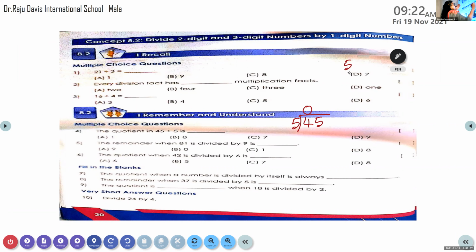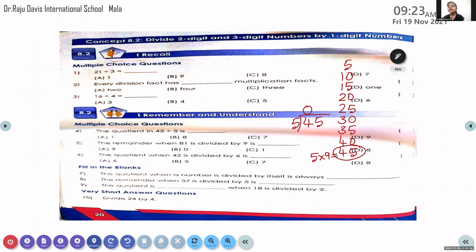If you know the products, just say like that. 5, 10, 15, 20, 25, 30, 35, 40, 45. Now 45 is the number that is to be taken. And now check like this: 1, 2, 3, 4, 5, 6, 7, 8, 9. That means 5 into 9 is 45.